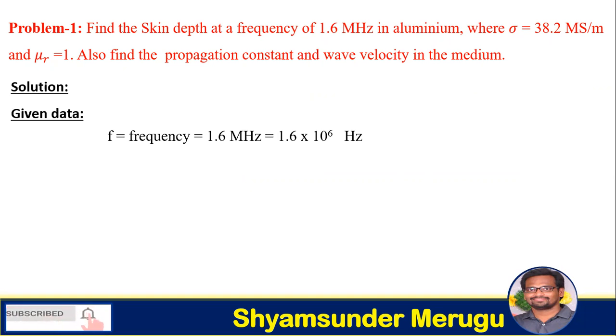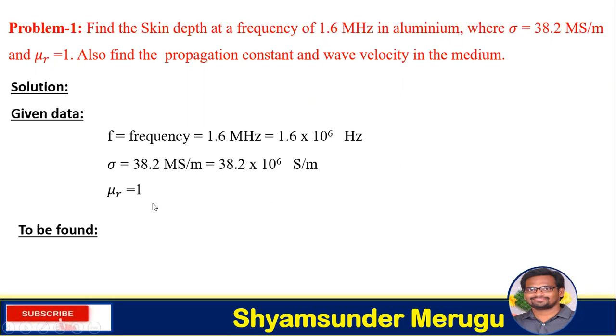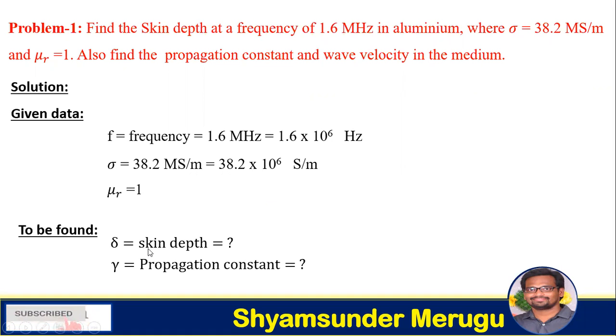The frequency is 1.6 megahertz, written as 1.6 into 10 power 6 hertz, and the conductivity of the aluminium is 38.2 mega Siemens per meter, so we write 38.2 into 10 power 6 Siemens per meter. The relative permeability is 1. To be found are the skin depth for the given material, the propagation constant and the wave velocity.